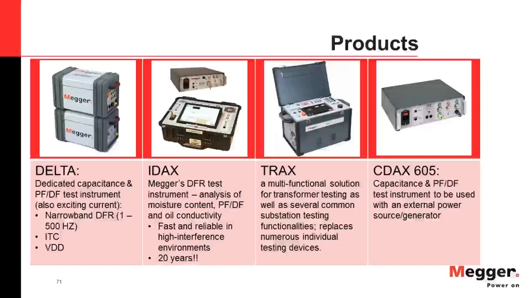Then we have IDAX, the instrument for dielectric frequency response and moisture assessment of the transformer. It can go from 1,000 hertz down to the millihertz or even DC. This is an advanced transformer testing tool to determine moisture condition and the dielectric value of the insulation, and then of the oil.